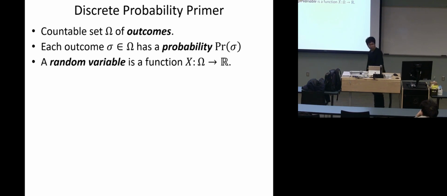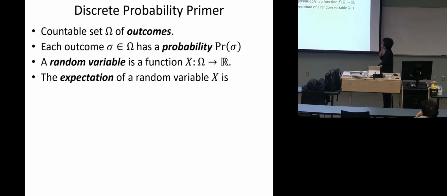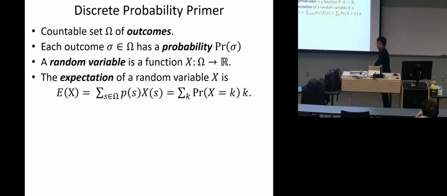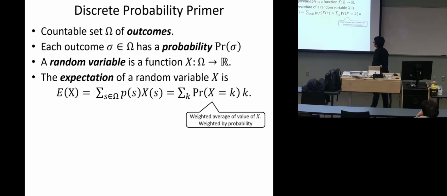A random variable is nothing but a function that maps an outcome to a real number. The expectation of a random variable is the weighted average of its value, weighted by the probability.